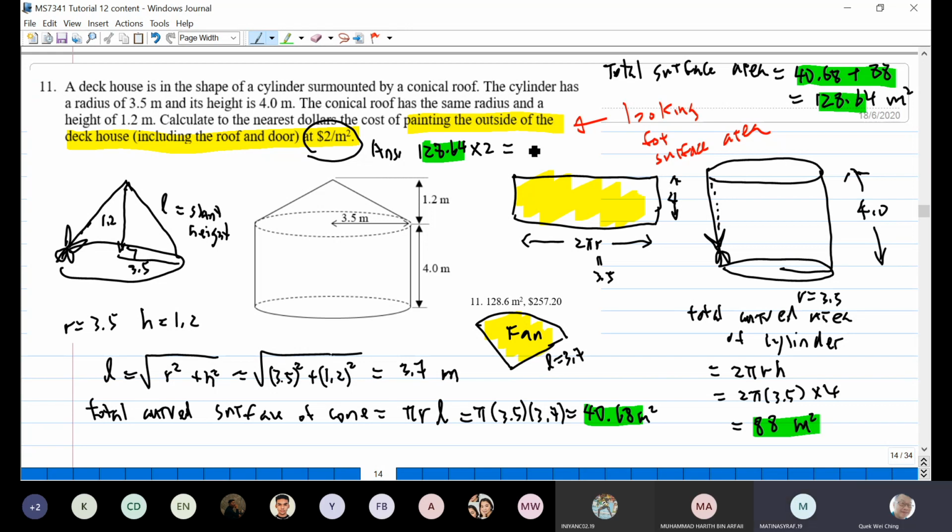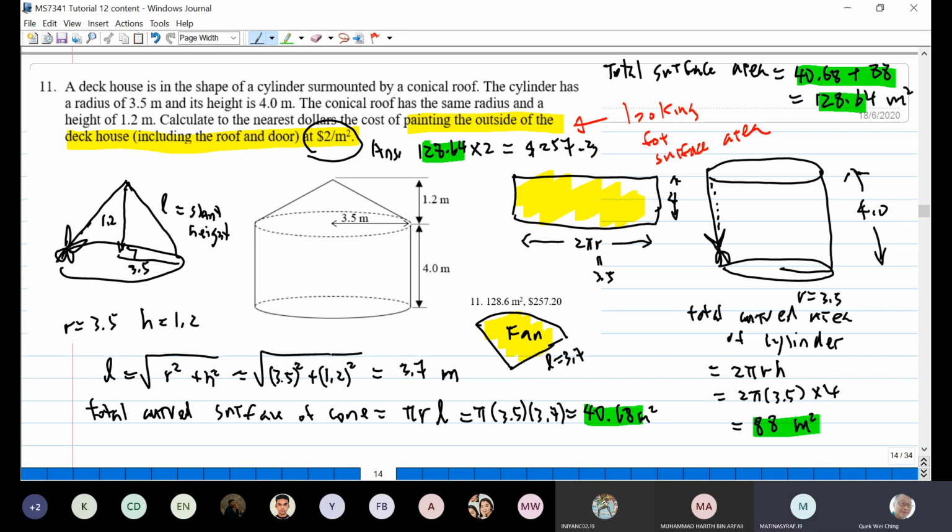Okay, about $257.28, or $257, depending on how you round off the figure. So this is the answer for question 11.